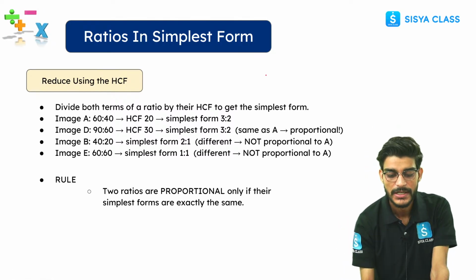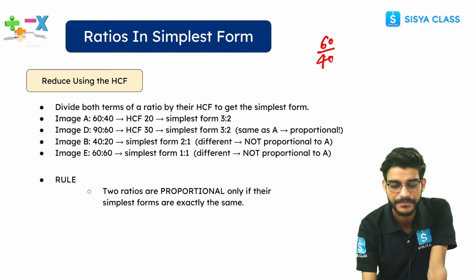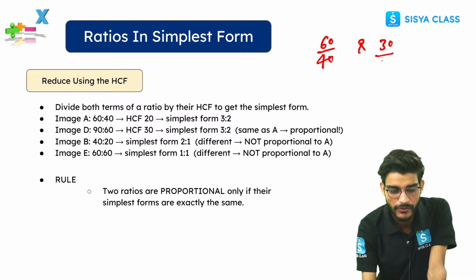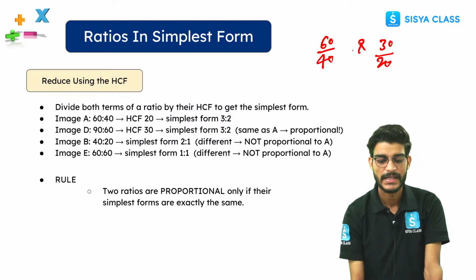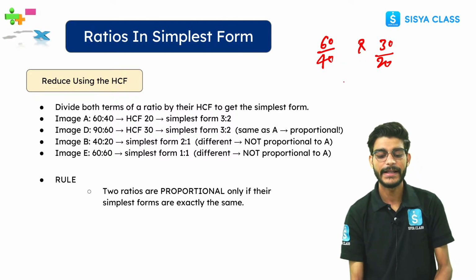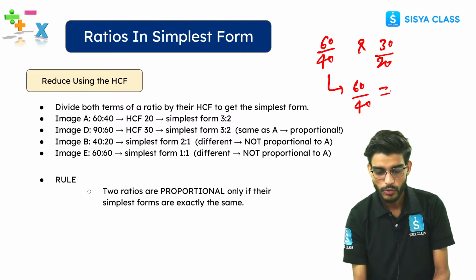Simplest form means, is every ratio always in the simplest form? The answer is no. Suppose I give you 60 upon 40 and 30 upon 20. Do they represent the same ratio? Let's check it. So 60 upon 40 is basically 20 into 3.